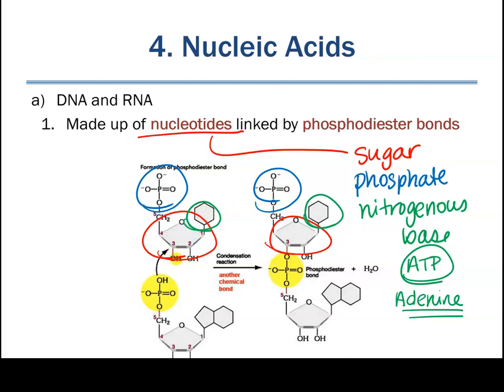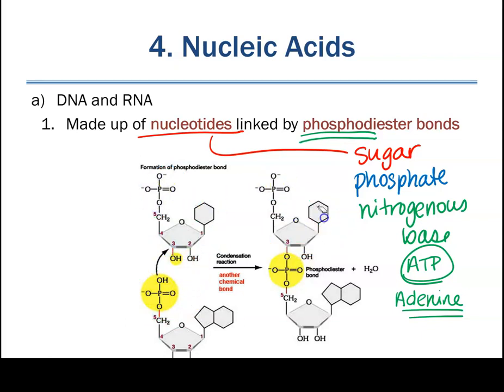Nucleotides are linked together by phosphodiester bonds, which means they're linked together at the phosphate. You don't really need to know what a diester bond means, but you do need to know that the sugar is going to be bound to the phosphate. So here we have what we call the 3' carbon. It just means that it's carbon number 3.